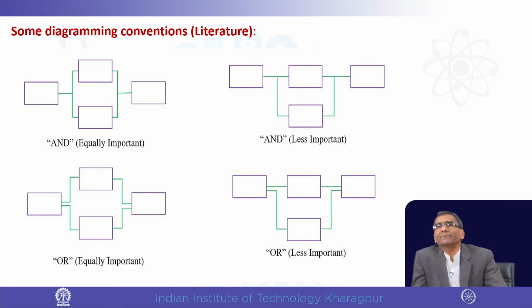So, these are the presentations. The less important and equally important would be differentiated by lowering the position down of the green lines, or whatever color of lines you draw. I am showing it with the green lines.